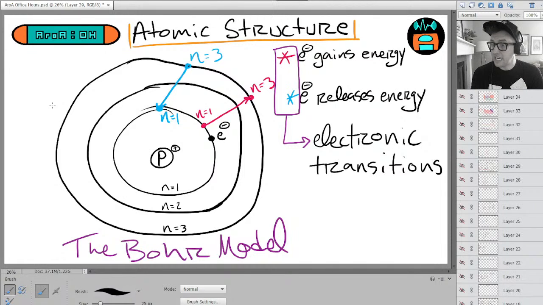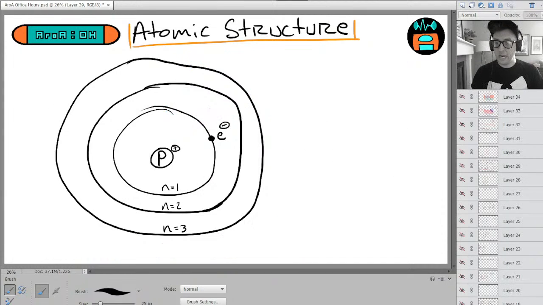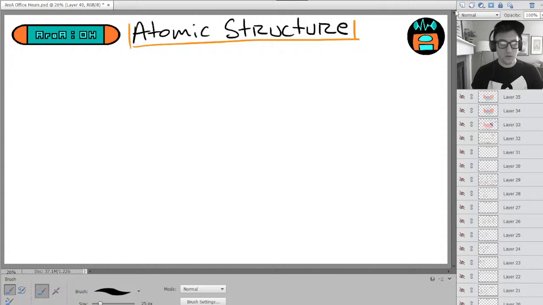Our current understanding of atomic structure isn't the Bohr model. The Bohr model added this concept of shells, which does exist in our current understanding of the atom. But our current understanding of atomic structure is one known as the quantum mechanical model.